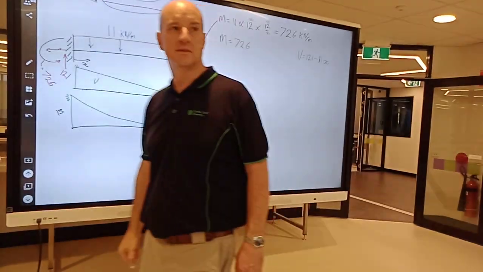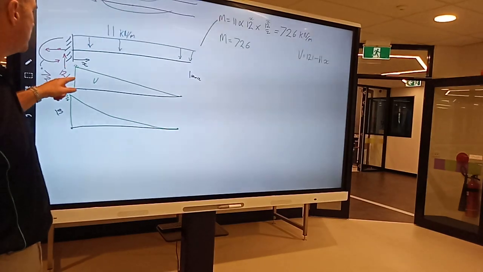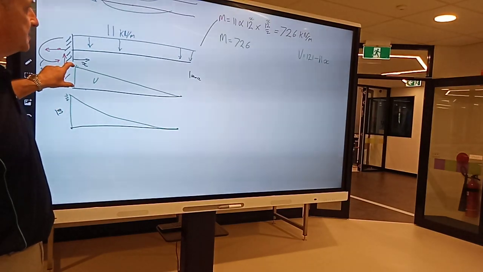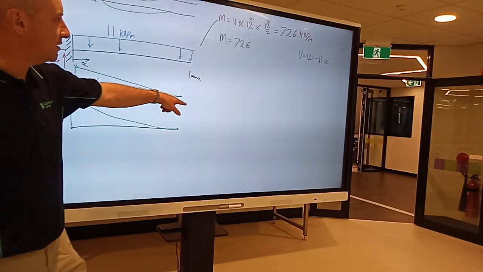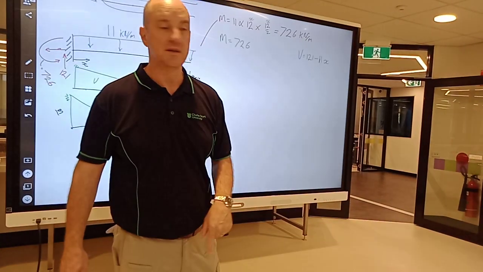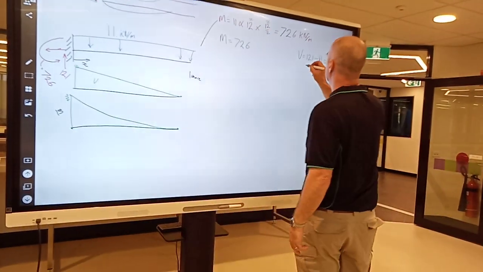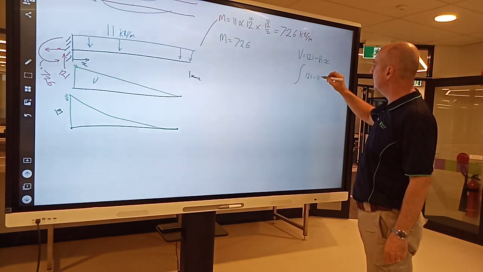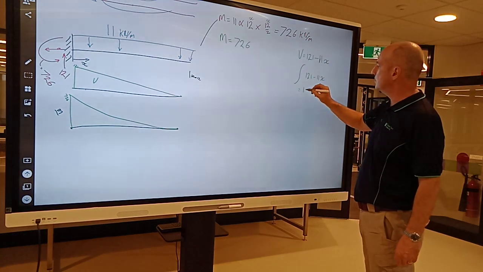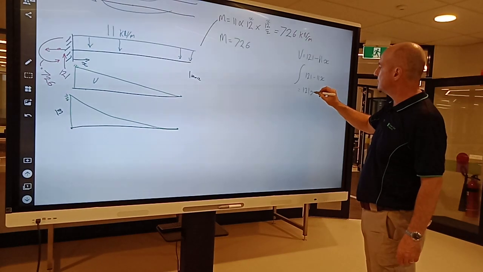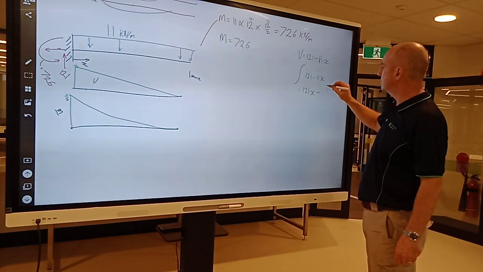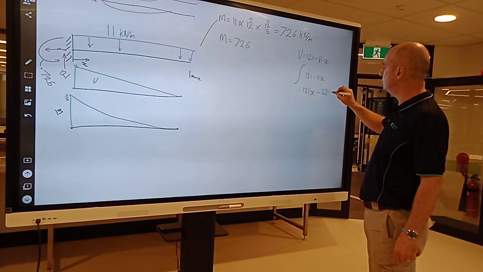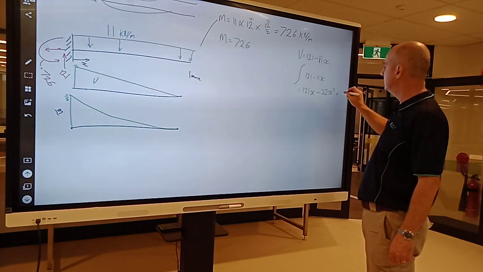Okay, does that work? 121 when x is 0 is correct. When x is 12, V is 0. Okay, let's integrate that. Integral of 121 minus 11x equals 121x minus 22x squared plus a constant.